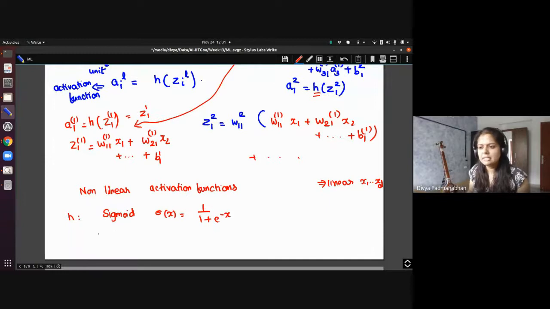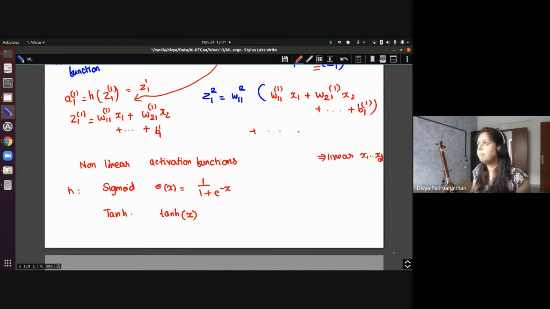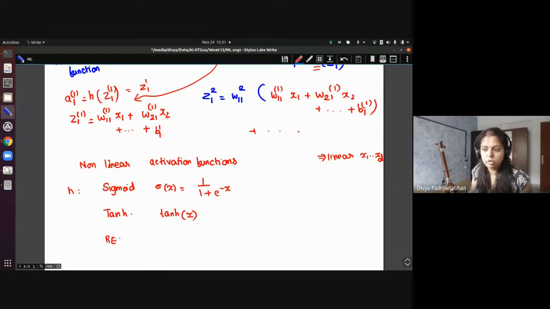Another example people use is the tanh function, the hyperbolic function, tanh of x. There are several such ones. Then there's another one called the ReLU, which is just max of x and 0.